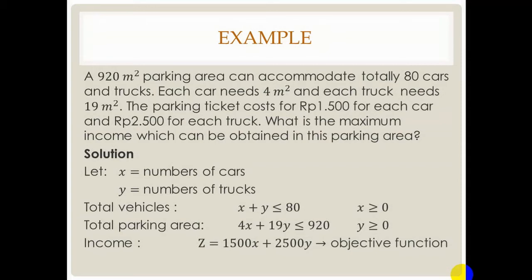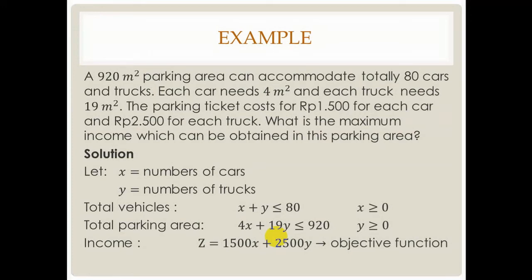And then we have the total parking area. From this question, we know the cars need 4 square meters because we let X be cars, so we can put 4X plus, and then trucks need 19 square meters because we let trucks be Y, so 19Y, because they have this parking area of 920 square meters.